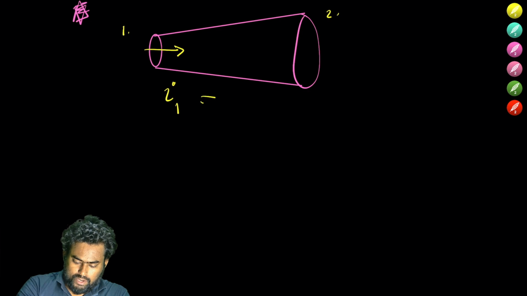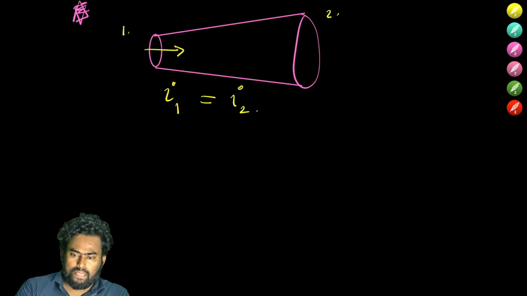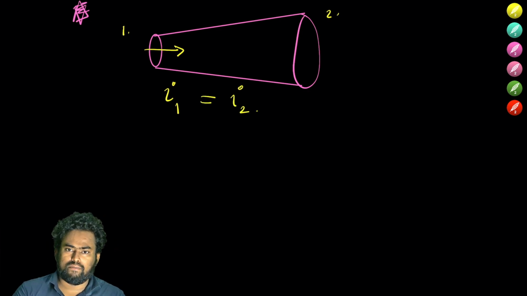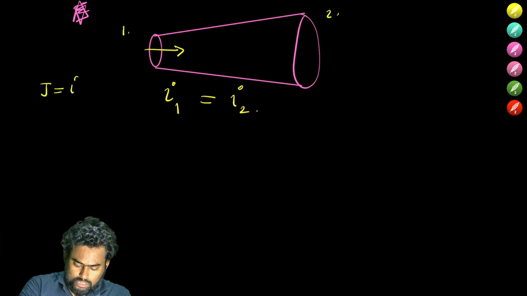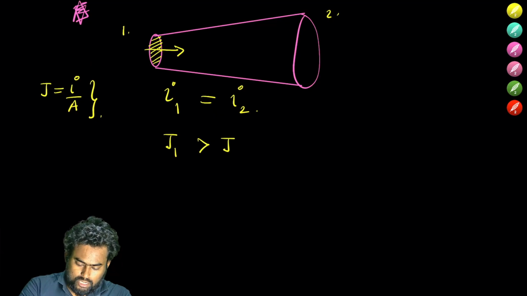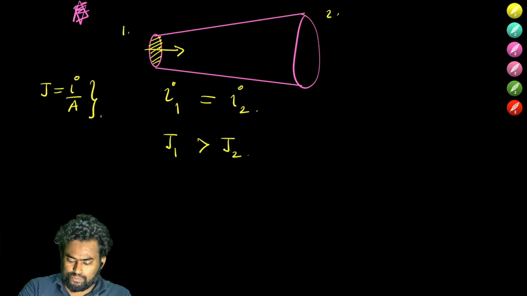Current at 1 will be equal to current at 2, because once the current has left the battery, it has to enter the other side of the battery, so current cannot change. Now if current is equal, current per unit area is current density. Area at 1 is less, so current density at 1 will be more than current density at 2.